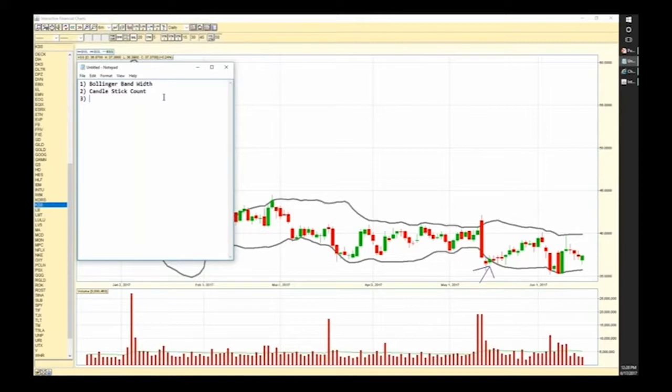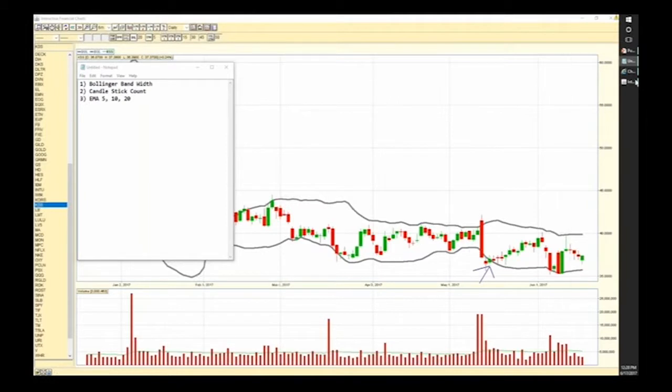Number 3, I like to look at the exponential moving averages. So I like to look at the 5, the 10, and the 20. This has a nickname. This is called the butterfly pattern finder. And this is not to be confused with butterfly option trading strategies.